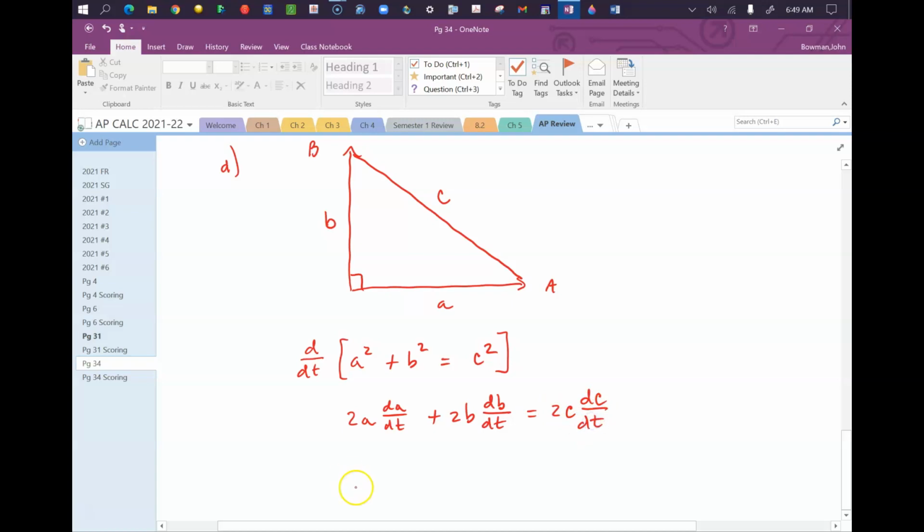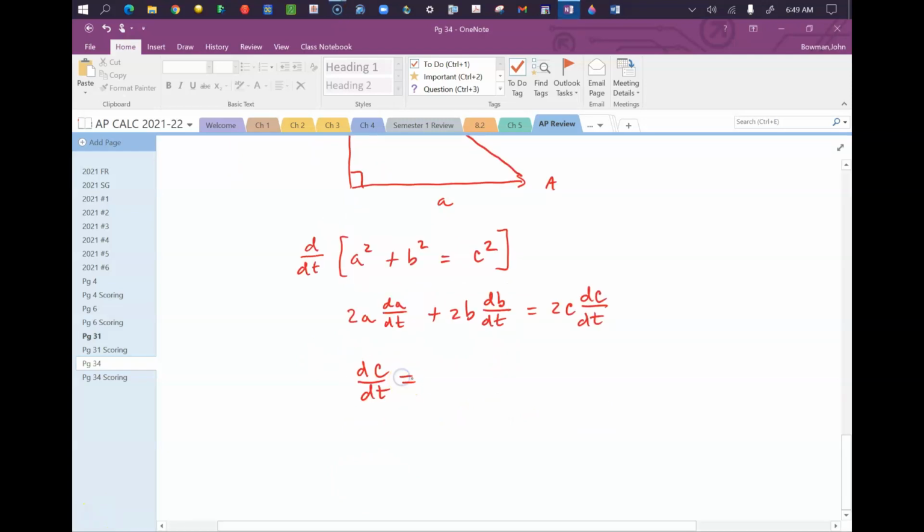And we are solving for dC/dt, which would be equal to 2a dA/dt plus 2b dB/dt divided by 2c. You can factor out the 2's, so those will cancel out.